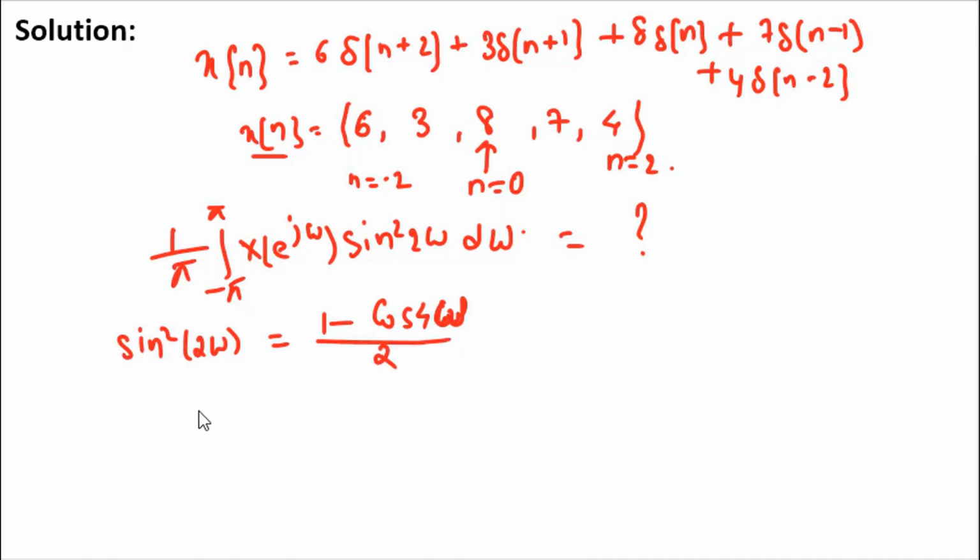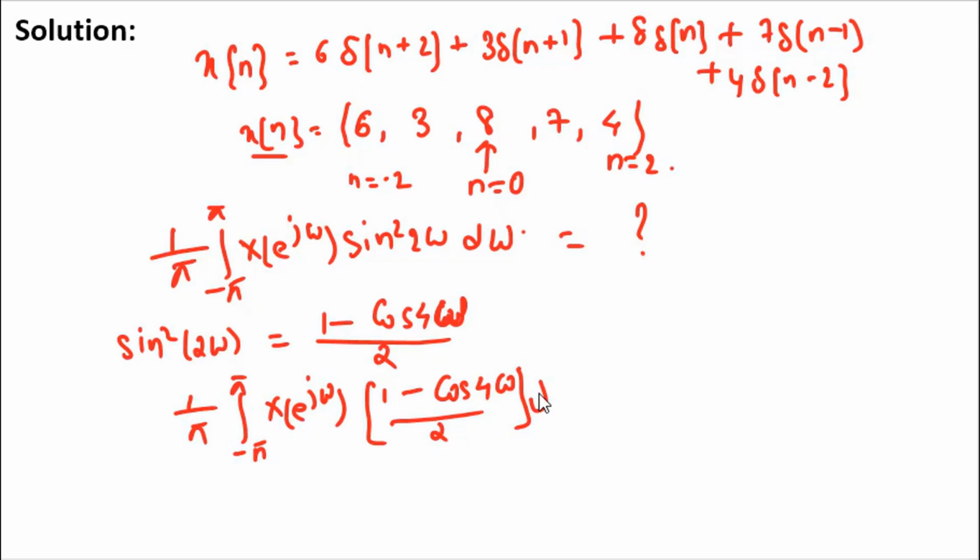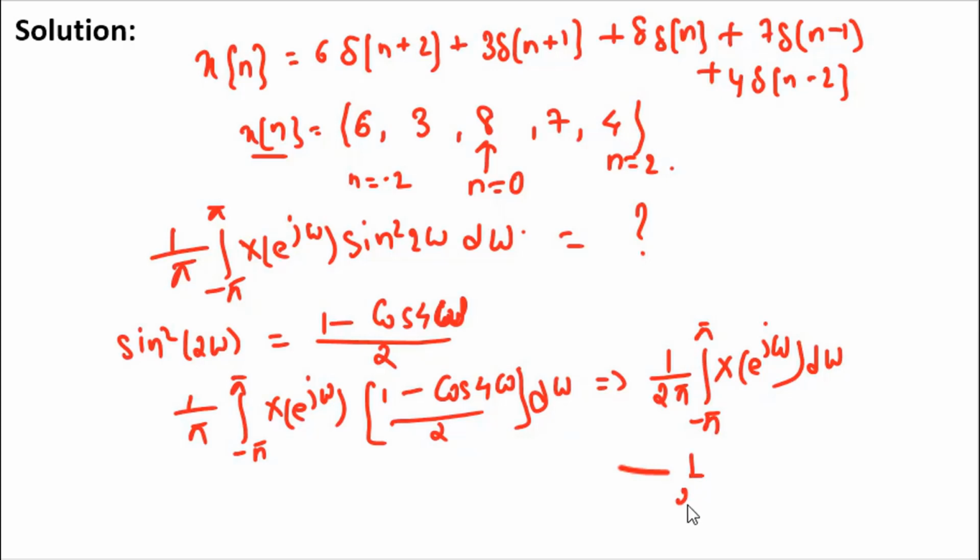So by putting this sin square 2 omega expression, this expression becomes 1 over pi integral from minus pi to pi of x of e to the power j omega into 1 minus cos 4 omega upon 2 d omega, or you can write this as 1 over 2 pi integral from minus pi to pi of x of e to the power j omega d omega minus 1 over 2 pi integral from minus pi to pi of x of e j omega into cos of 4 omega d omega.